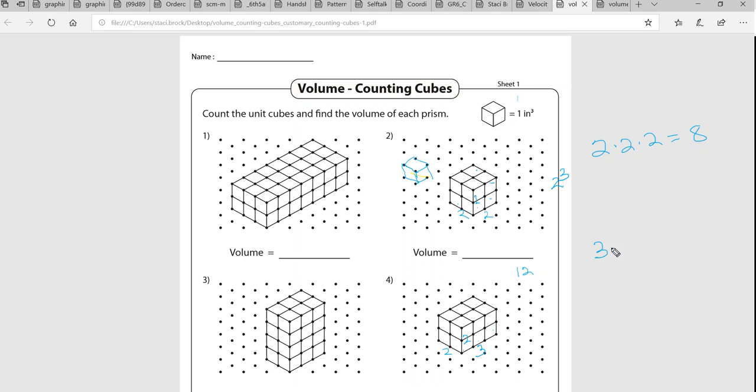So length multiplied by width multiplied by height. Well, 3 times 2 is 6, times 2 is 12. And that's what I got when I counted it, correct? So I could do the same thing for all of these.